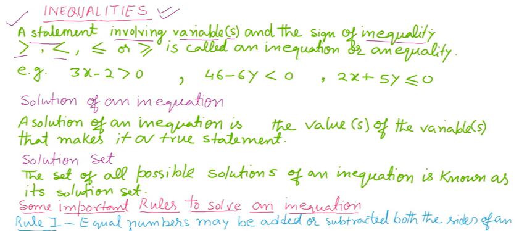For example, 3x minus 2 is greater than 0, 4x minus 6y is lesser than 0, 2x plus 5y is lesser than or equal to 0. These are examples of inequalities.